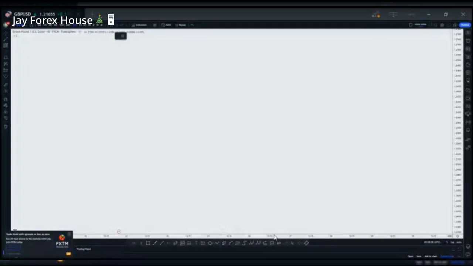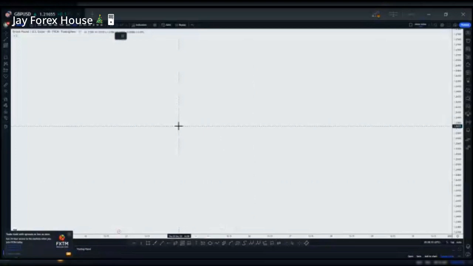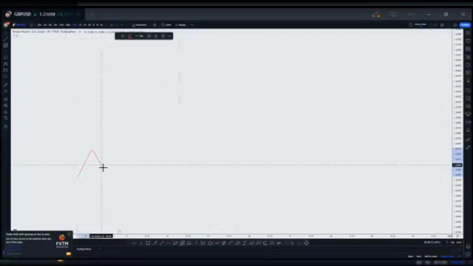if Euro USD is on an uptrend, it's likely that DXY would be on a downtrend, right? Because we know DXY represents USD.